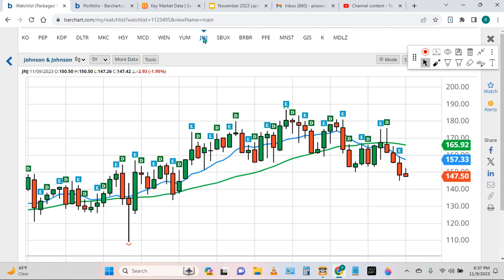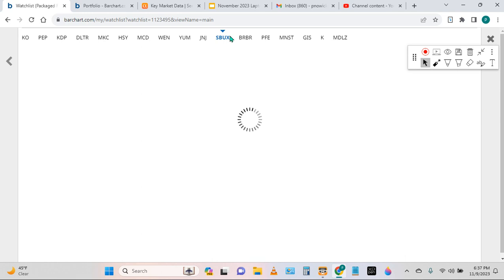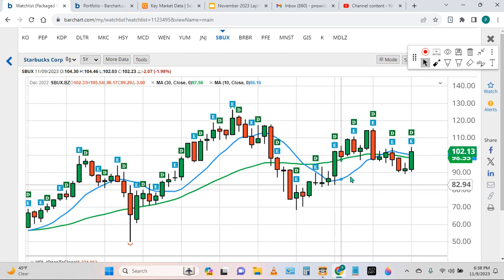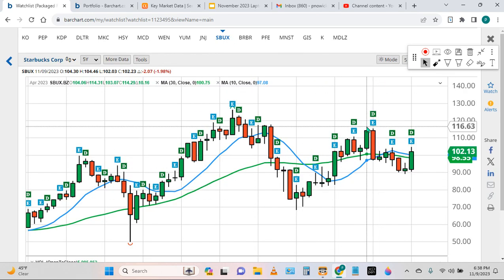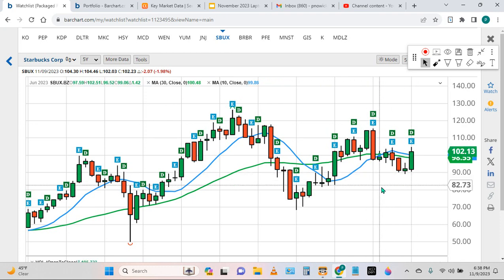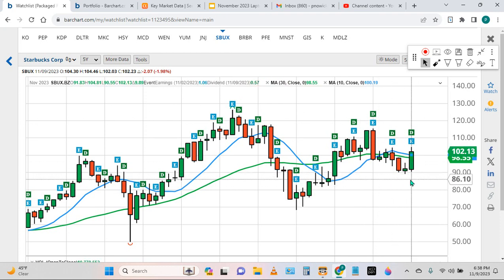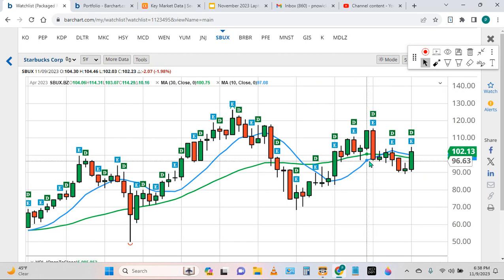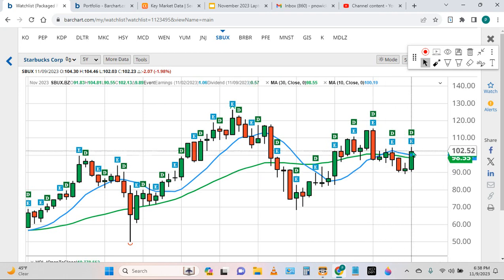Johnson & Johnson, again, has been selling off this year. Starbucks, another Wall Street favorite, did participate this year, but has now sold off and given back a lot of the gains of this year. Now, November looks very strong for Starbucks, and I like that.